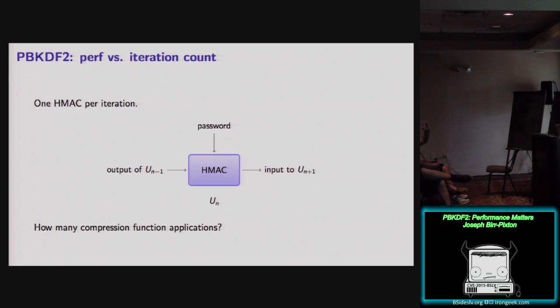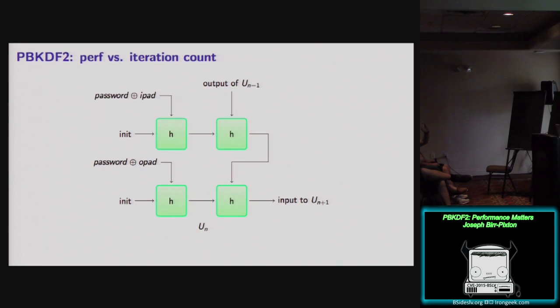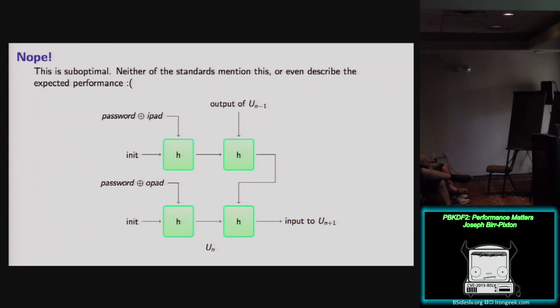So the question is, how many compression function applications per iteration? Well, you can count them: 1, 2, 3, 4. And this is what most people do. They go, there's 4 boxes, excellent. But the standard doesn't tell you that this is off by a factor of 2. There is one paper from a long time ago which points this out in passing.